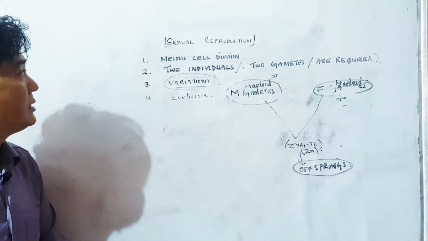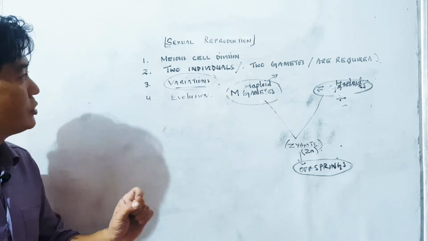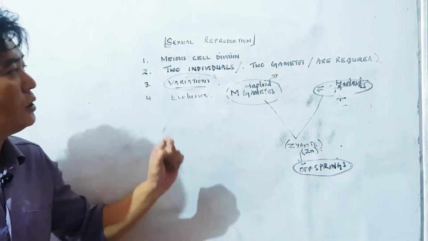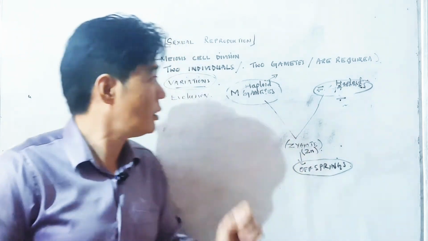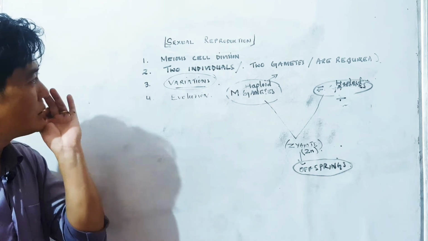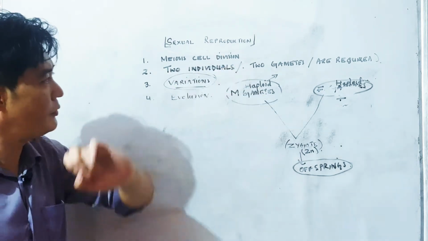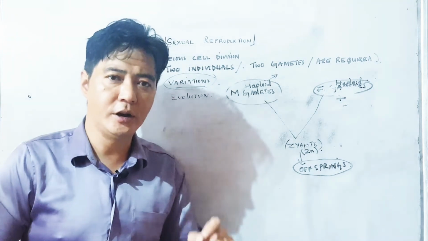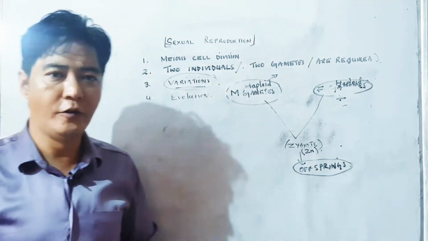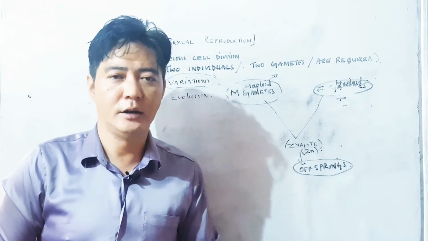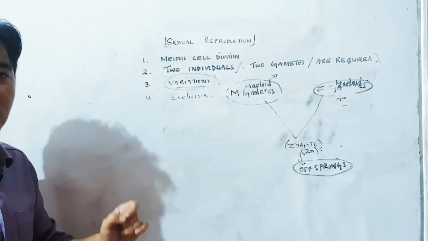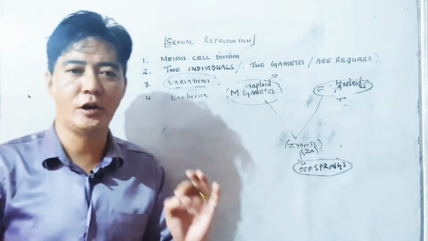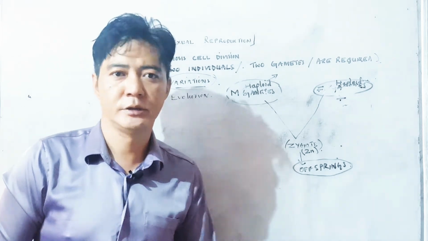So here you can see the characteristic features of sexual reproduction. Number one, meiosis cell division occurs. Number two, two gametes are required, or you can say two individuals, but it's better if you say two gametes, that is male and female. Number three, variation occurs in the species, and number four, evolution occurs. So these are the characteristic features of sexual reproduction.